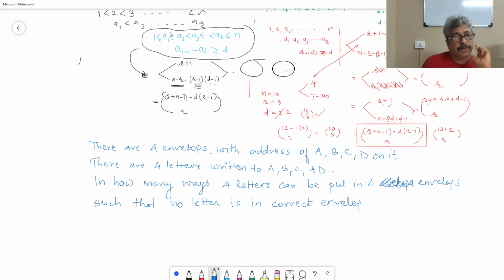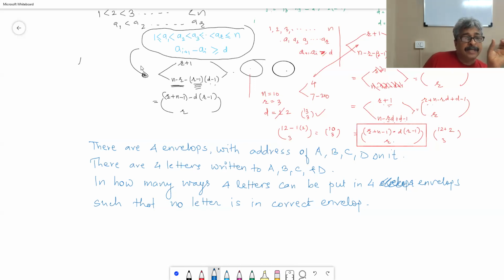Understand the statement of the problem first. There are 4 letters, there are 4 envelopes. Find the number of ways in which 4 letters can be put in 4 envelopes such that no letter is in the correct envelope. There are 300 seats in an auditorium.